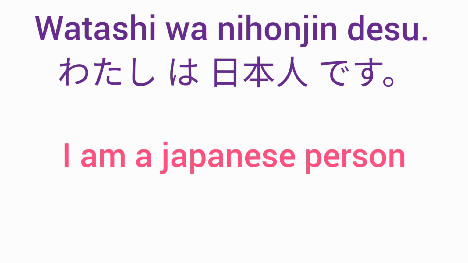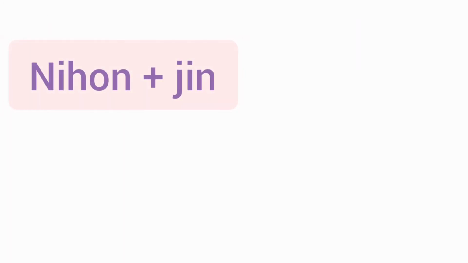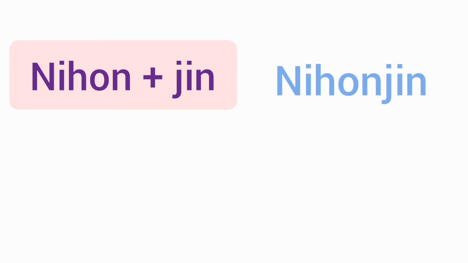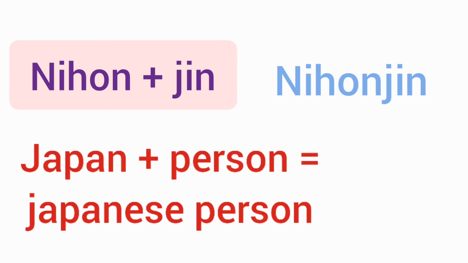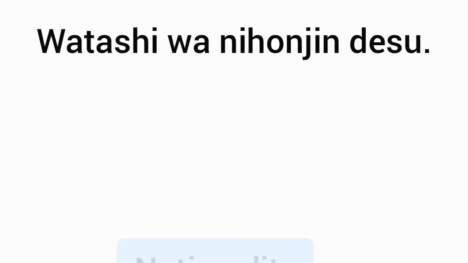Watashi wa nihonjin desu. I am a Japanese person. Nihon plus jin, nihonjin, right? Nihon means Japan. Jin means person. So, nihonjin means Japanese person. This sentence talks about nationality.